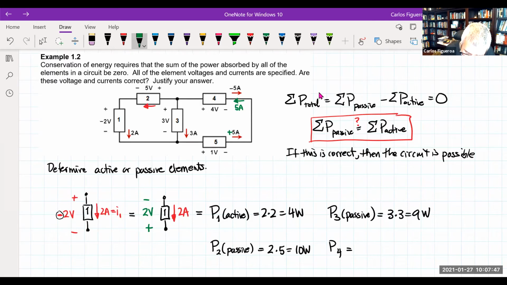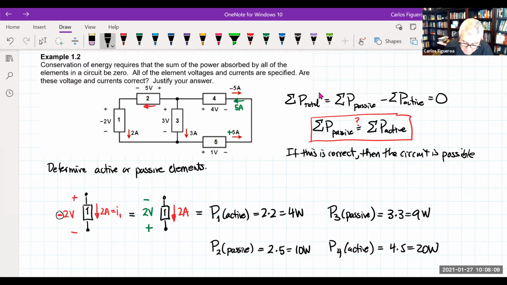So when I look at 4, you're seeing here that the positive 5 amps is entering the negative terminal. So therefore, 4 must be active. So it's going to be 4 times 5, which is 20 watts.